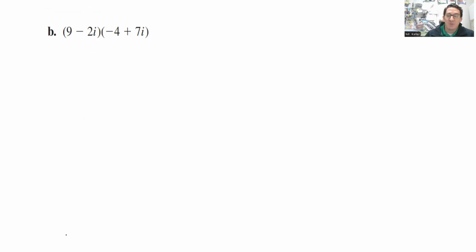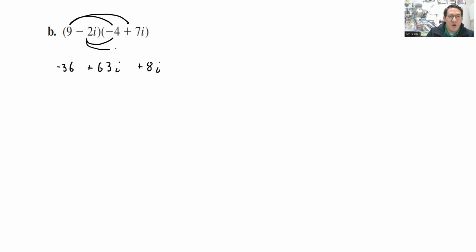Let's do another example. I'm going to FOIL or just multiply it out. You can use the box, whatever you want. Here, I'm just going to distribute the 9. 9 times -4 is -36. And then 9 times 7i is 63i. Then -2i times -4 is a positive 8i.